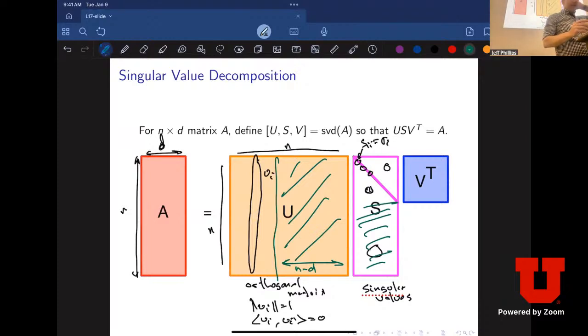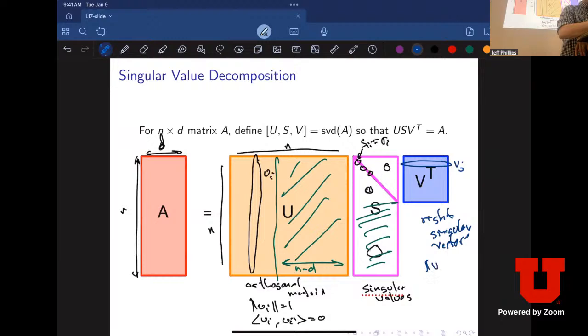And then the blue matrix, the V transpose, it's written as a transpose for reasons that will make sense. Now the rows of this, v_j, are called the right singular vectors.